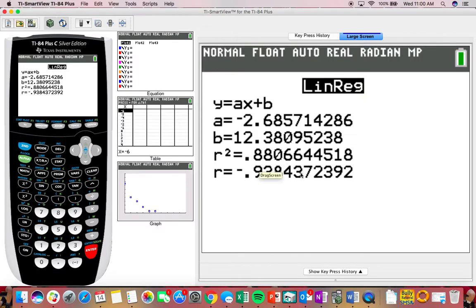So our equation, y equals negative 2.69x plus 12.38. And then it also wants our r squared value, which is 0.88, to the nearest hundredth.